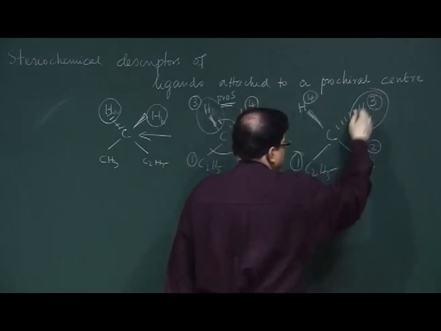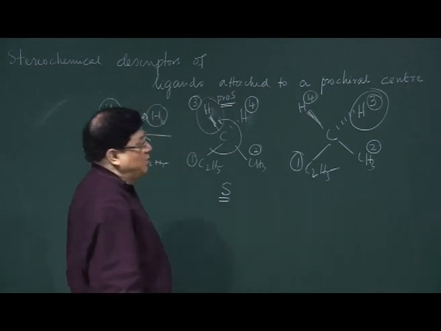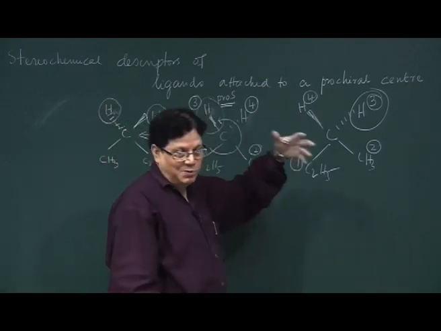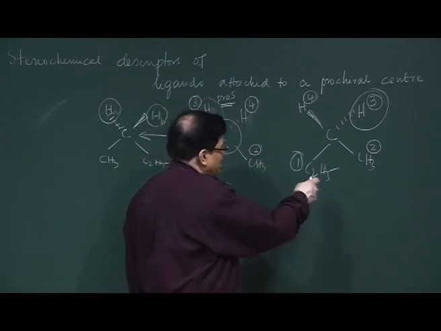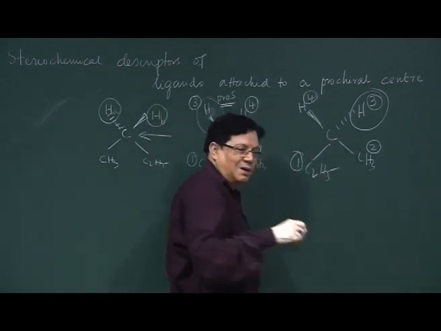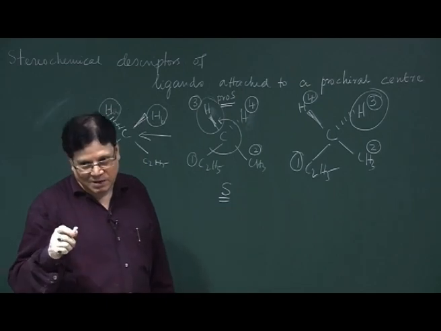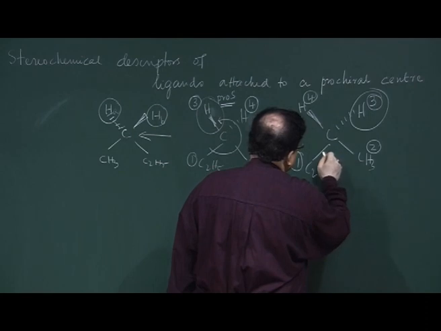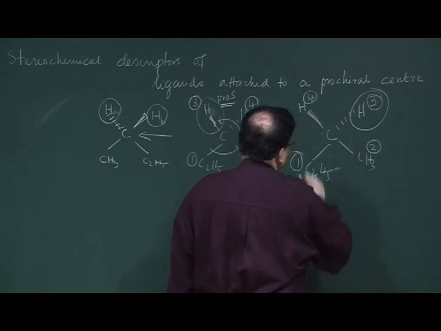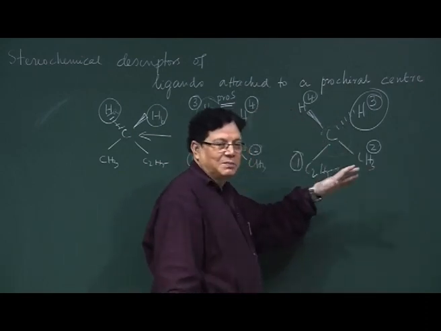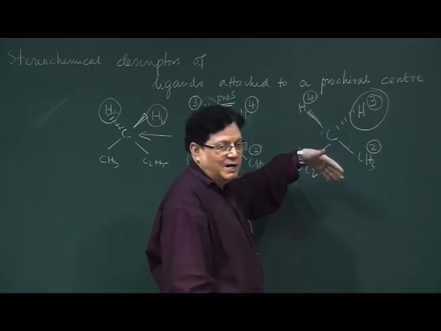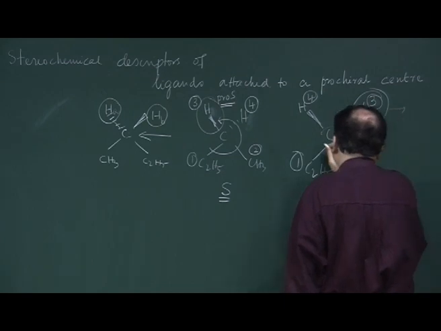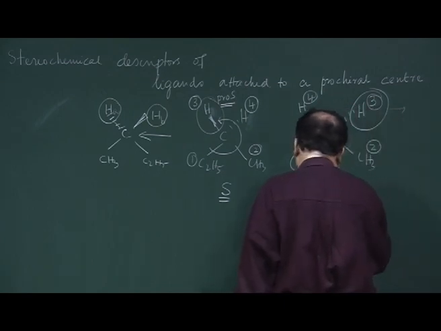Now you have to be careful because your H4, the fourth group, is now towards you. Okay. So, whatever you see, you have to reverse that in order to assign the configuration. So, this is 1, 2, 3. It is going anti-clockwise, but actually it is clockwise when seen from the back side, that means away from the fourth group. So, this configuration is now R.